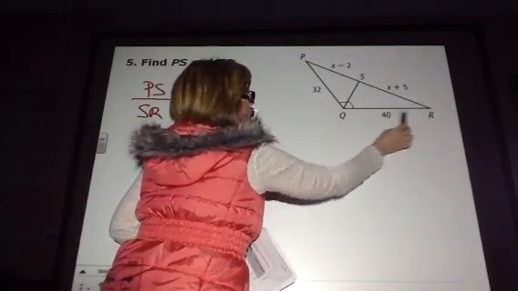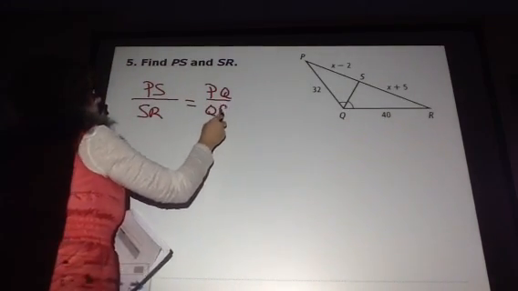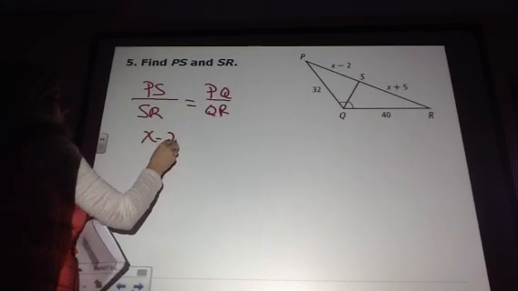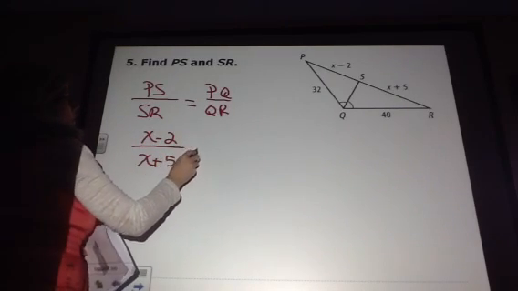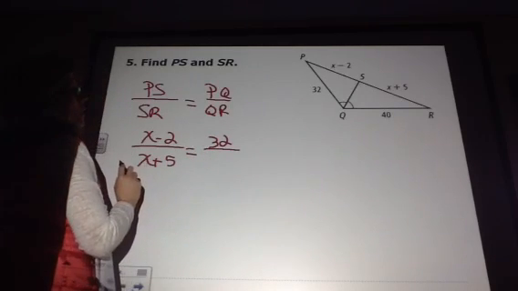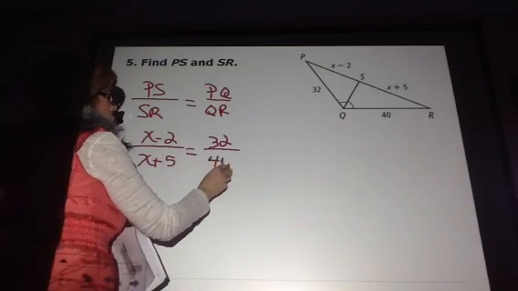SR corresponds with this triangle here, so that's QR. And then we can substitute in. PS is x minus 2. SR is x plus 5. PQ is 32. Excuse me, that's PQ. And QR is 40.